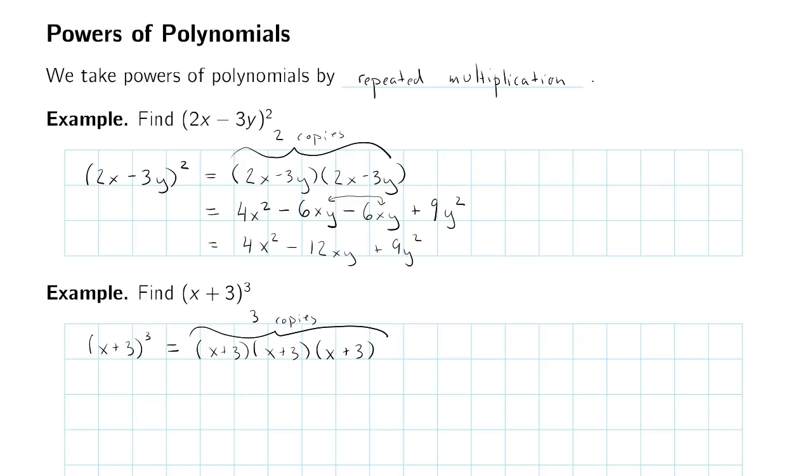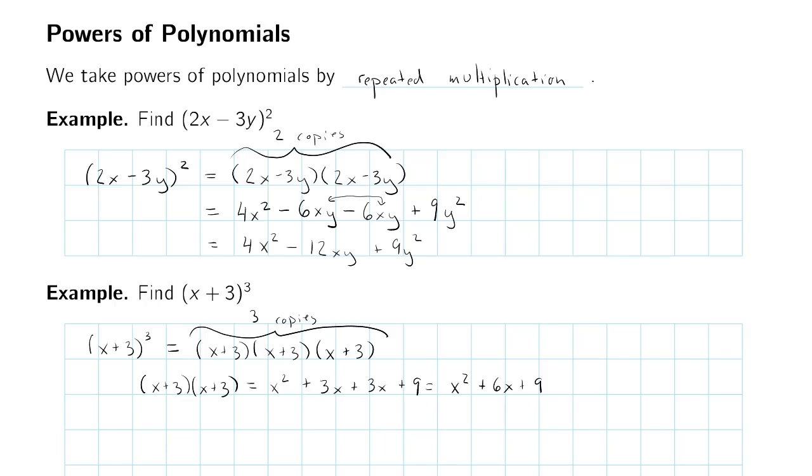How do we do that? Well, we multiply the first two, so we'll take x plus 3 times x plus 3. Using the FOIL shortcut, we get x squared plus x times 3 is 3x, plus 3 times x is 3x, plus 3 times 3 is 9. Or combining the middle terms, x squared plus 6x plus 9.